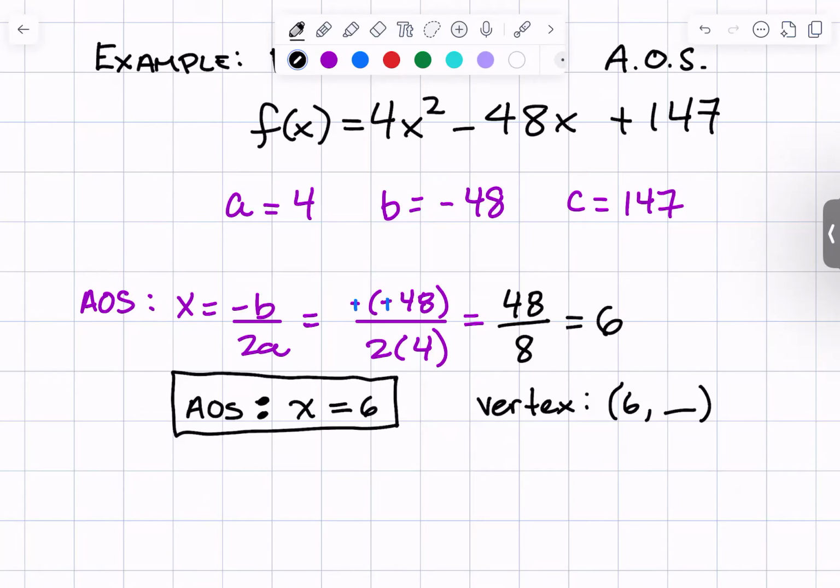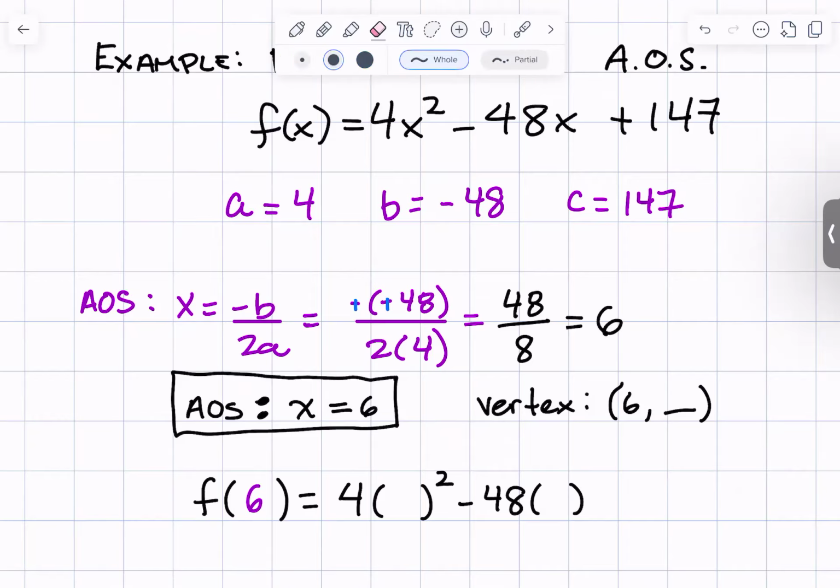So to figure out my y value, I'm going to plug in 6. I'm going to get f of 6, that's 4 times 6 squared minus 48 times 6 plus 147.